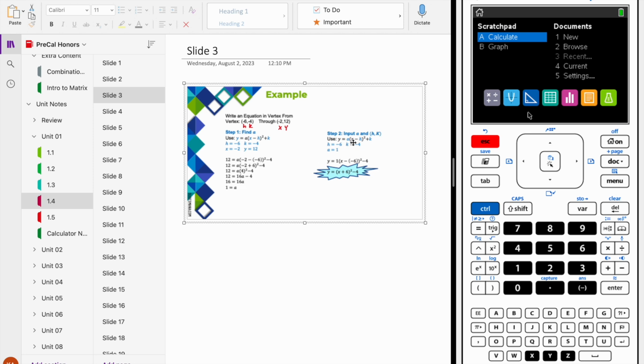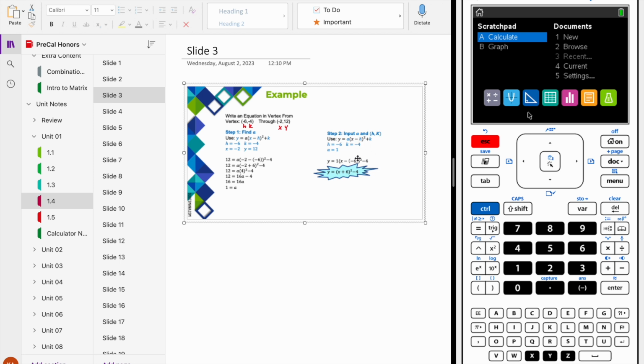So let's take a look at the second part. Once we find out that a is equal to 1, we go ahead, plug it in for our a right here. And at that point, we go ahead and insert our vertex. H is -6, k is -4. We go ahead and plug it into our standard equation, which is y is equal to a times x minus h squared plus k.